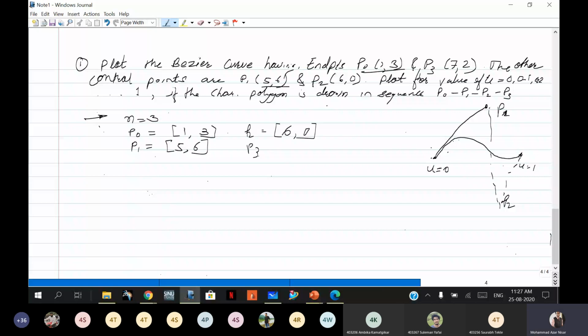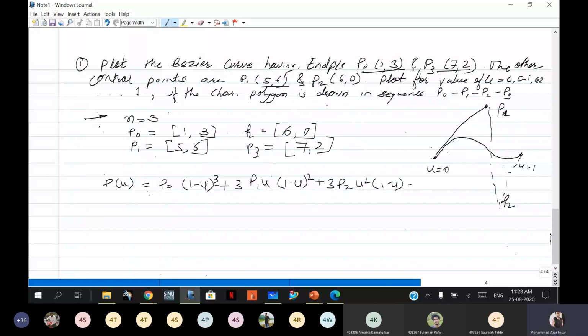7 and 2 is given. Okay, then in some books they will use this equation: P of u equals P0 (1 minus u) cubed plus 3 P1 u (1 minus u) squared plus, as it is n equal to 3, so we are starting with the power of 3, 3 P2 u squared (1 minus u) plus P3 u cubed.